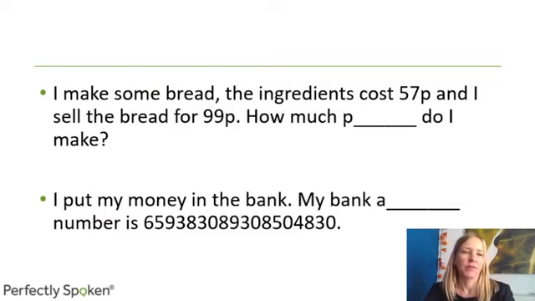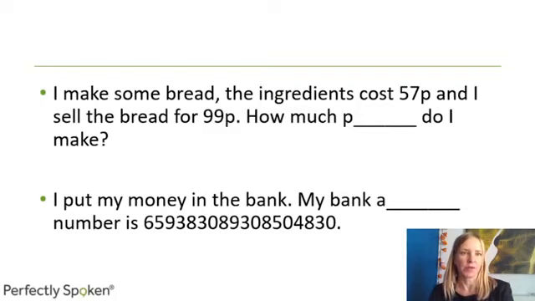Okay, so we've got, I make some bread. The ingredients cost 57p. And I sell the bread for 99p. How much do I make? So, how much? I'm going to put the answers up.